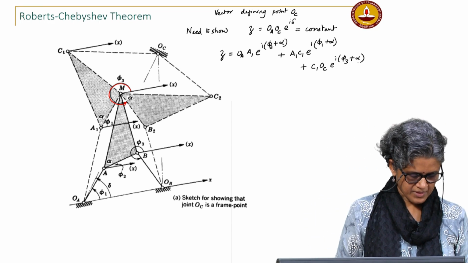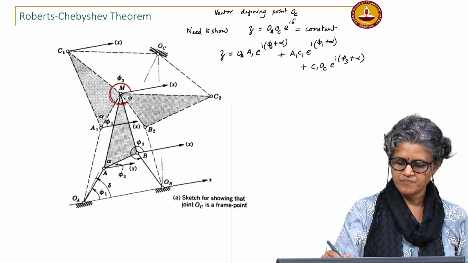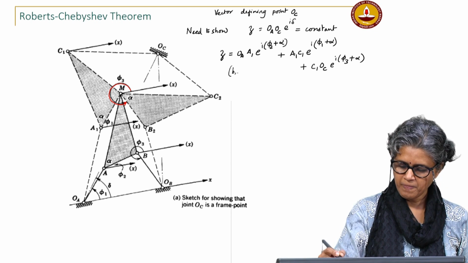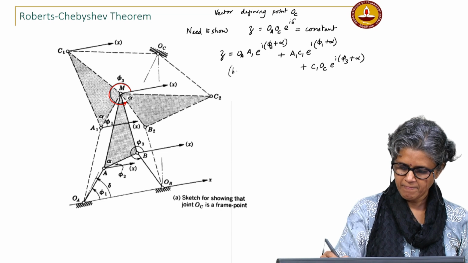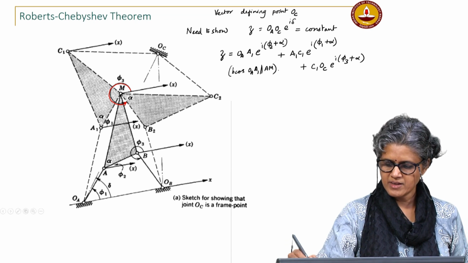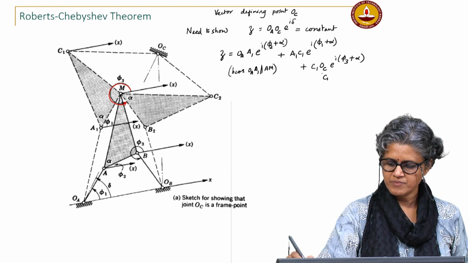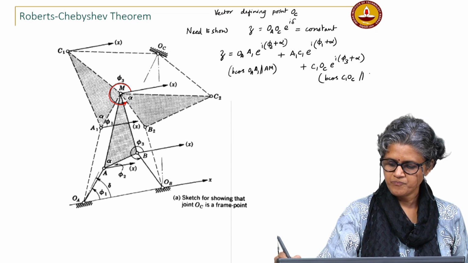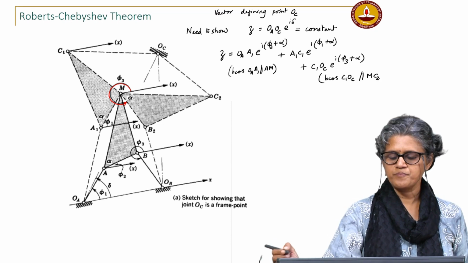Okay, because in this case OA A1 is parallel to AM, and here C1 OC is parallel to MC2.